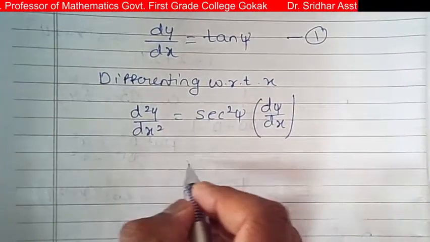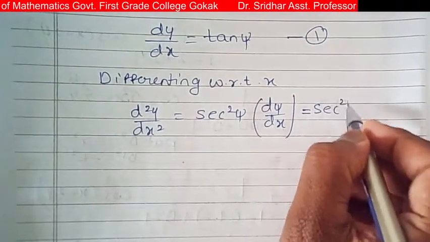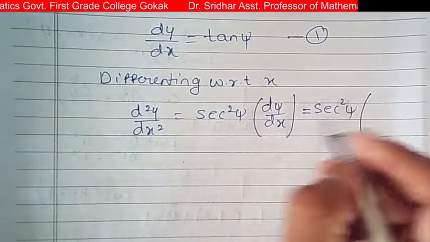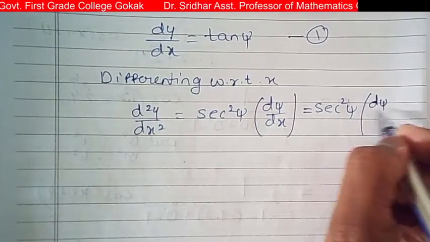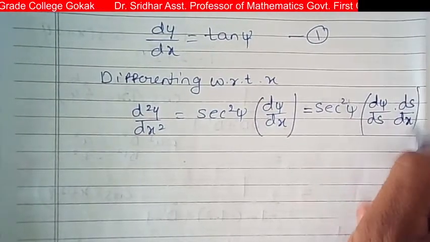Again this can be written as sec square psi as it is. Now this d psi by dx, I write as d psi by ds into ds by dx.